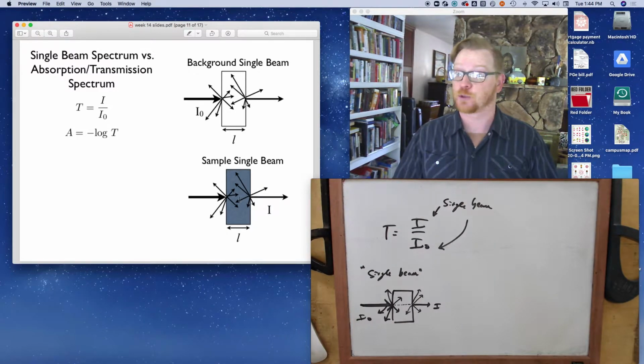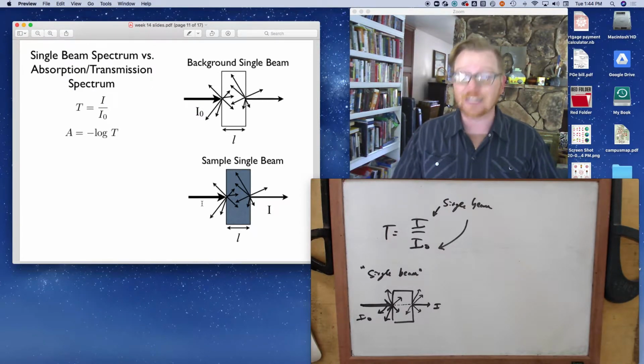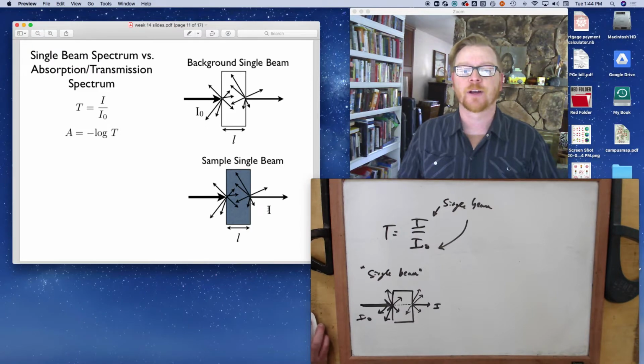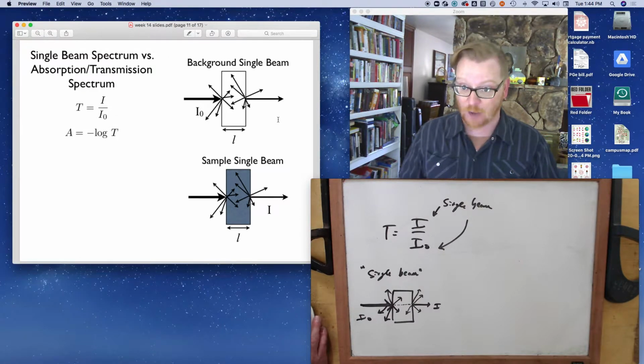Maybe now you put the actual solution in there. So in this case, I naught here and here will be identical. The intensity of your incident beam on the background or the sample will be identical. However, the outgoing intensity will be very different for the sample than for the background.